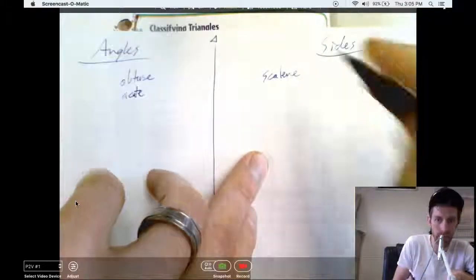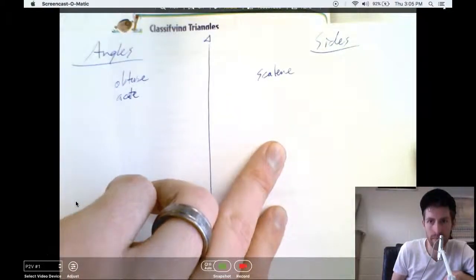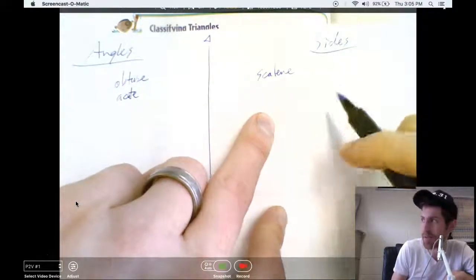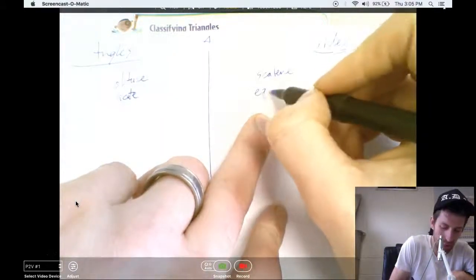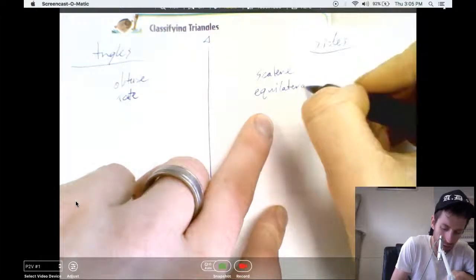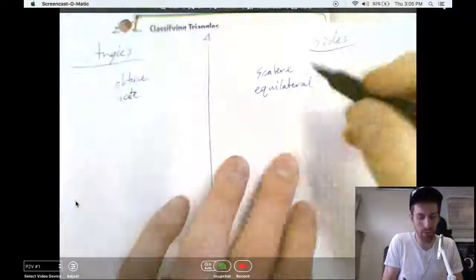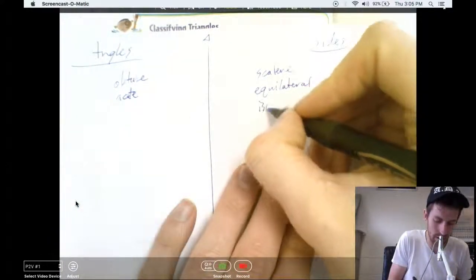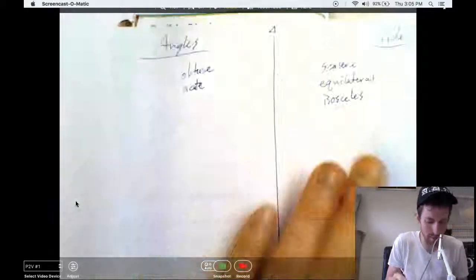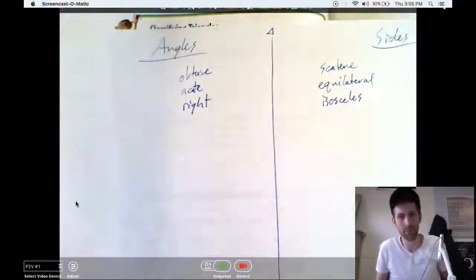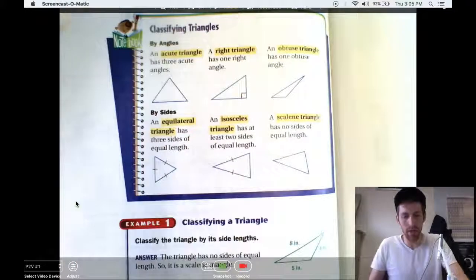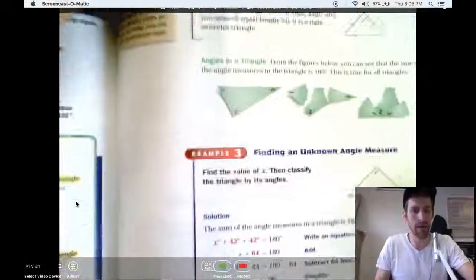Acute goes over there. What else goes over here? Can you think of one? On the sides, equilateral. All sides are equal. And then we would have what? Isosceles. And now I got it right, this last one, just to round it out, and a right triangle. Okay. So that was the first thing, and then here's the second thing.